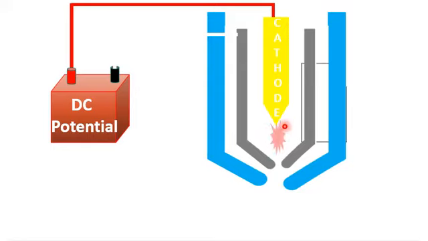Dear student, please note that this arc has a very high temperature and a very high current. When an external gas is incorporated in the plasma arc system like this, these arrows represent an external gas which we want to ionize in the plasma arc igniter.